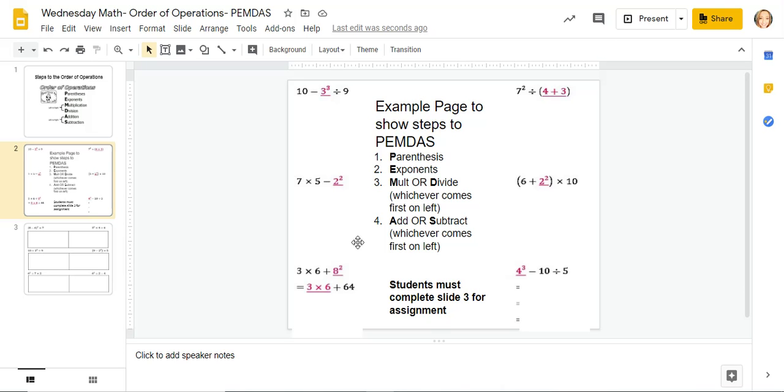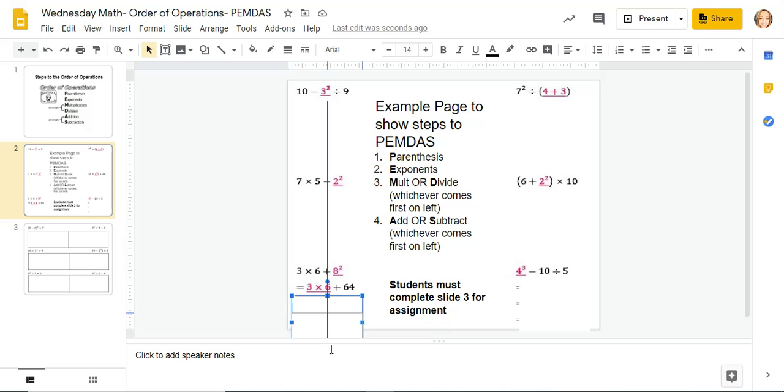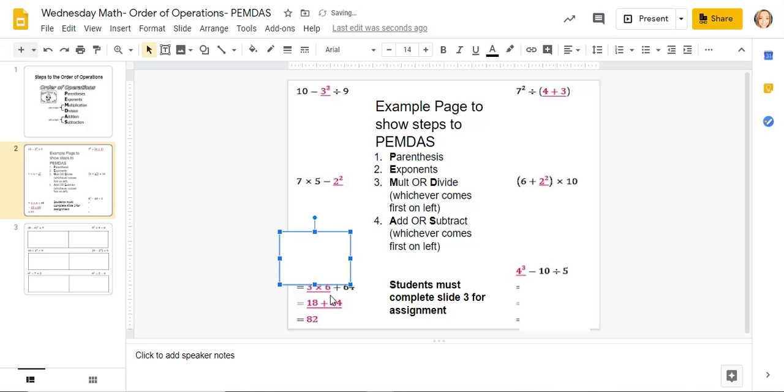So let's do this. We have 3 times 6, which is 18. So 18 plus 64 is, and you have your final answer, which would have been 82.